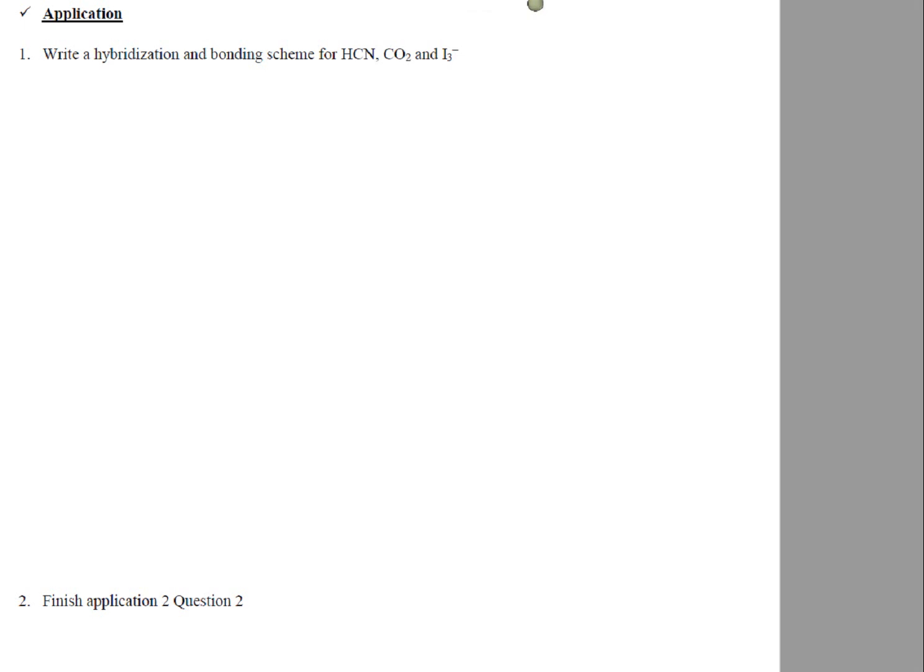This question is asking about the type of hybridization and the bonding in the following molecules. Let's start with HCN. H, of course, makes single bond. C should make 4 bonds because carbon is in group 4, and N is in group 5.